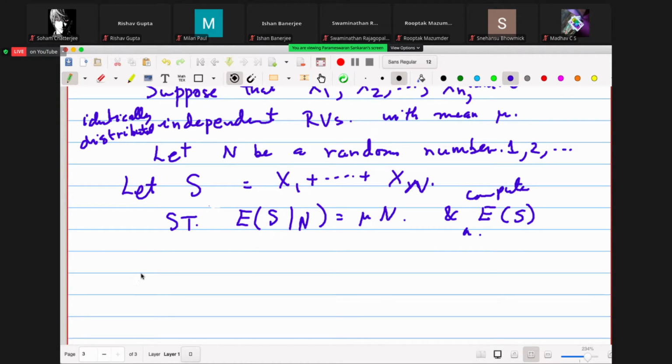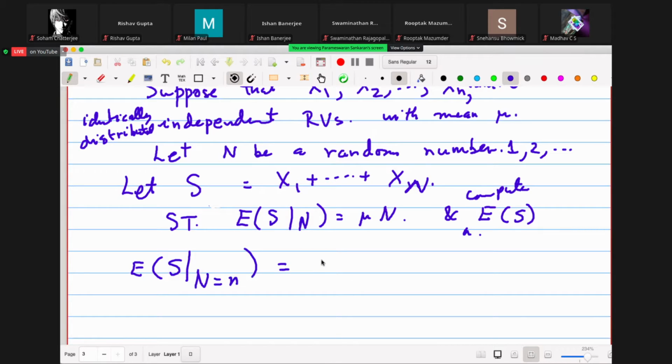Now you just have to do this for each value. So this is, mind you, a random variable. S given N is a random variable and not a number. So you need to compute what values it can take. That is by just computing the expectation of S given N equals n.